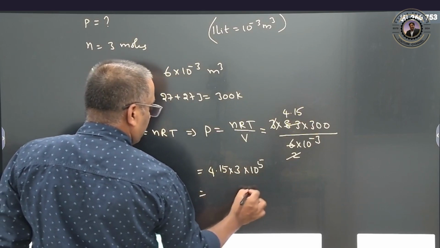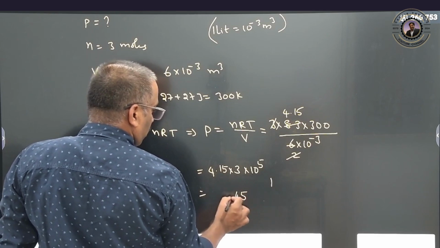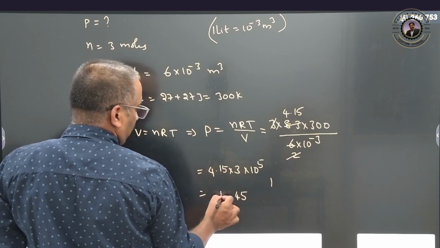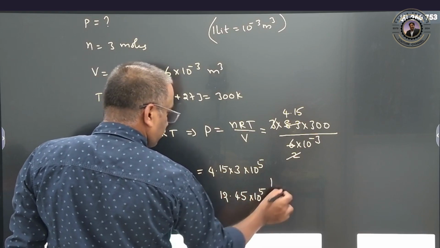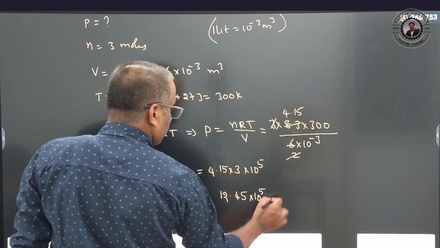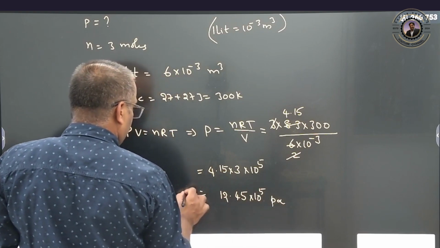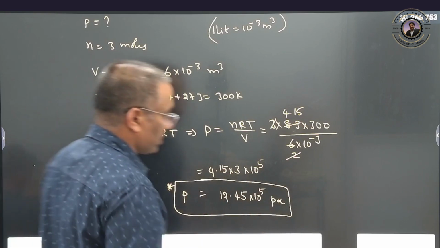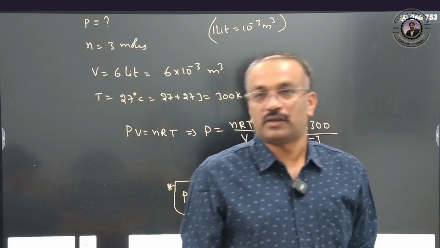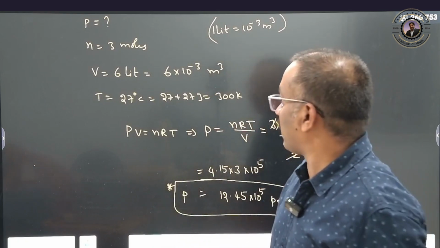So this is approximately 12.45 into 10 to the power of 5 Pascal. This is the pressure exerted by this gas. Very simple question. Clear, right? So that you can understand very clearly.